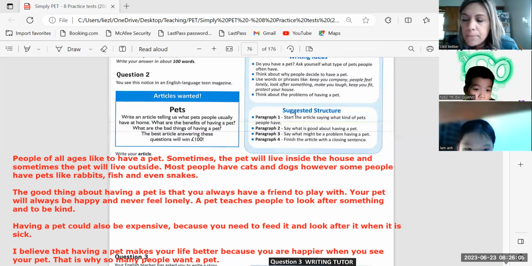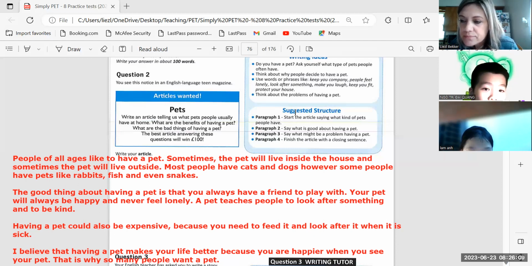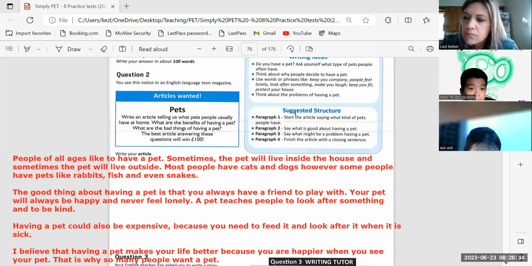People of the age like to have a pet. Sometimes the pet will live inside the... People have cats or dogs. However, some people have pets like rabbits, fish, and even snakes.